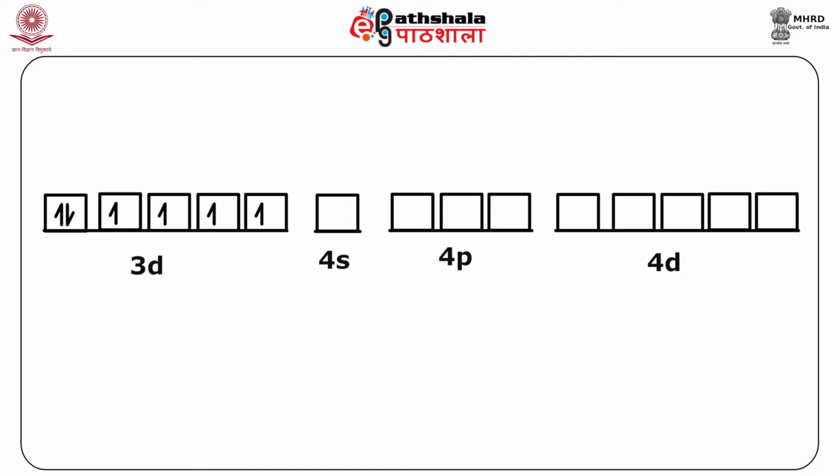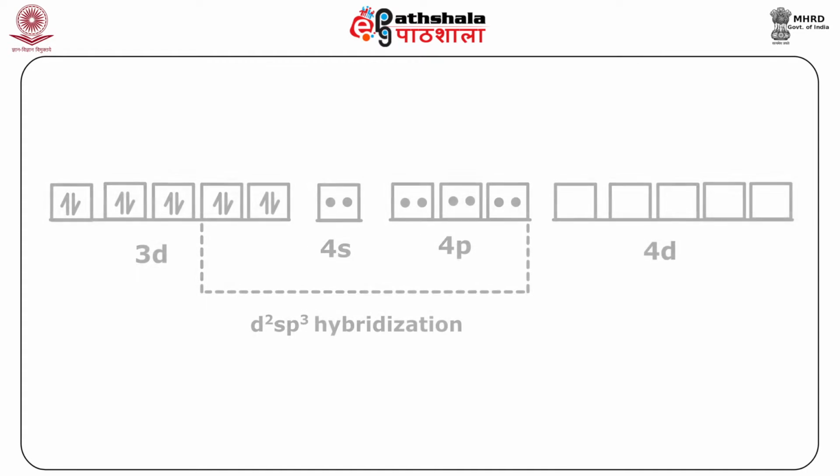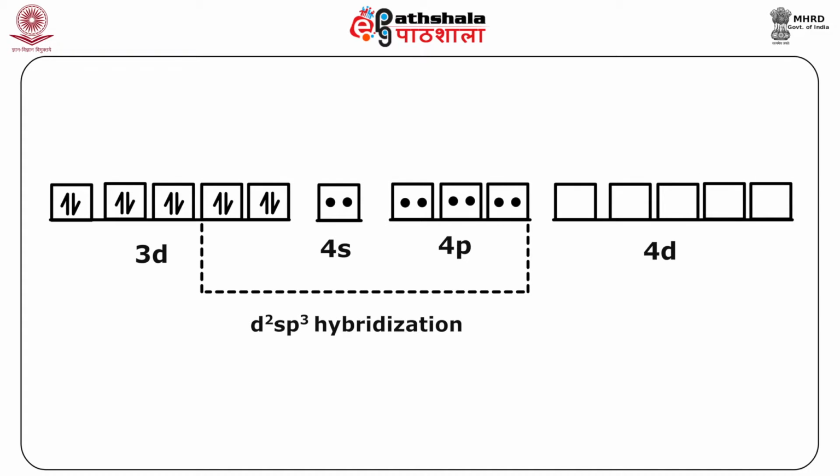So in the complex form, that is in the excited state, the orbital picture would be like this: all 6 electrons of the 3d orbitals will be filled in the first 3 orbitals of the 3d, and the rest 2 orbitals would be free. To accommodate 6 electron pairs provided by 6 carbon monoxide ligands, we need 6 free orbitals.